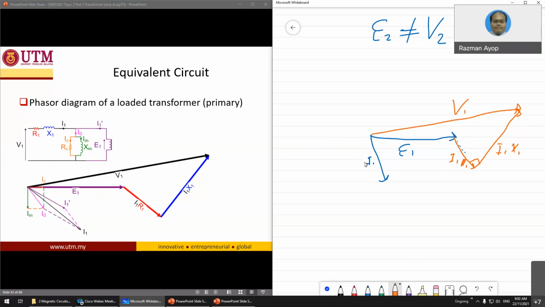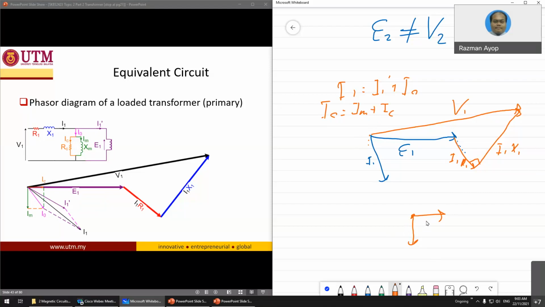So for I1 and I0, remember I1 is equal to I1 bar plus I0. So I0 is equal to Im plus I core. You have Im, which is 90 degrees, because it is an inductor.